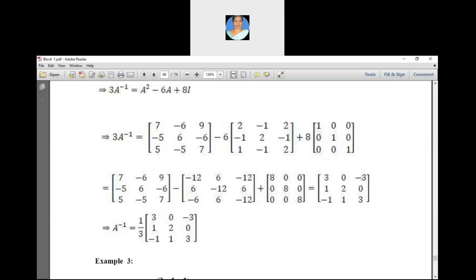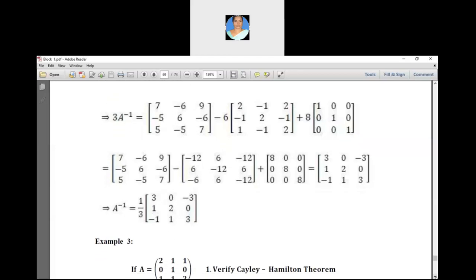So the final one is A to the power of -1 equal to 1 by 3 of this matrix. The left hand side is 3A to the power of -1, so you just need to take 1 by 3 on the right hand side. Our final answer is A to the power of -1 equal to 1 by 3 of 3 0 minus 3, 1 2 0, minus 1 1 3.